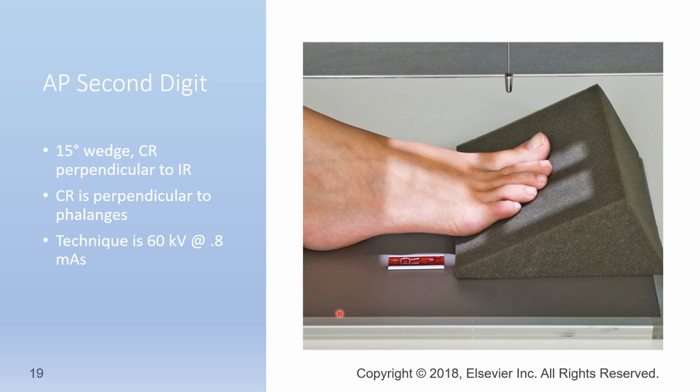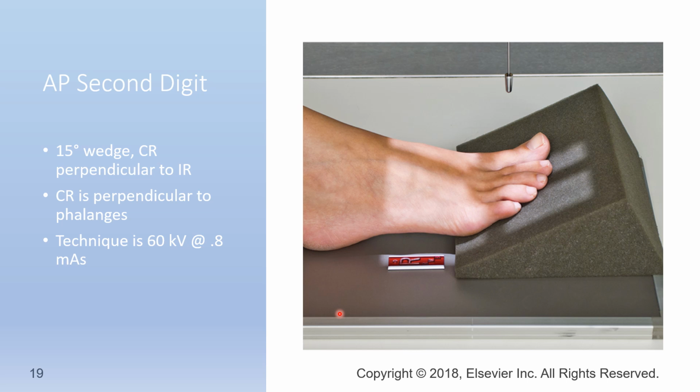Okay, so this one they are looking at a second digit. This is figure 6.40. This particular one, they have the wedge, so it's a perpendicular central ray. On the last image we looked at, they had it as 6.39, where they angled the central ray 10 to 15 degrees.